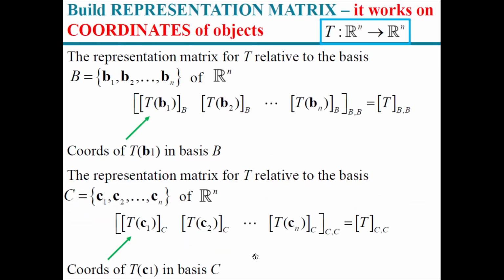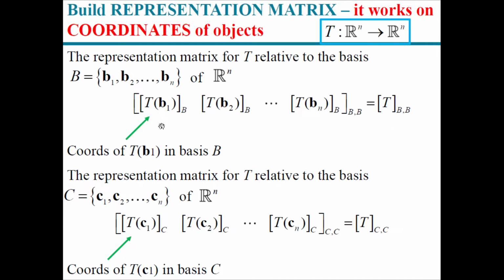That's an obvious thing. A reminder again: if I take a basis B here for Rn, we remember how we build the representation matrix T_BB.